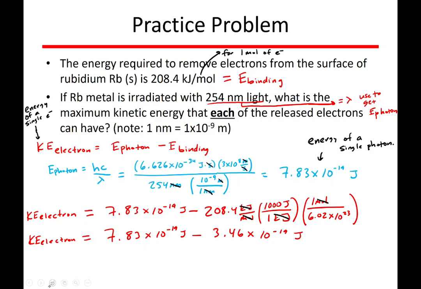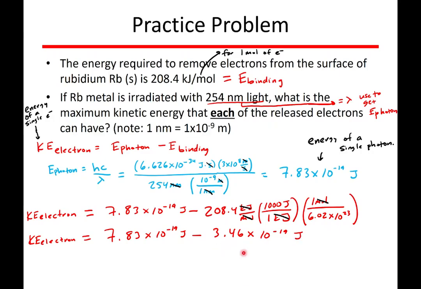All right. By doing that, I can explain one more time what the kinetic energy of the electron is going to be and how the photoelectric effect experiment works. In this experiment, we're putting in light that has an energy of 7.83 times 10 to the minus 19 joules. That's how much energy is coming into the system. It costs us 3.46 times 10 to the minus 19 joules to remove an electron.